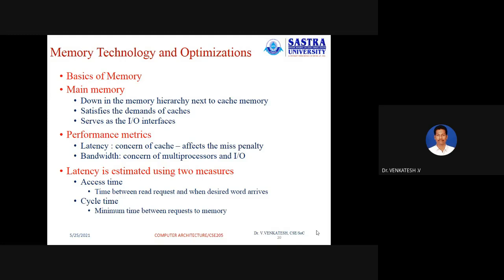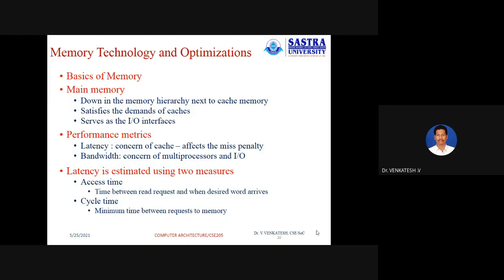We all know there is something called main memory. In the memory hierarchy, main memory is going to be the last. You can ask why it is last: the size is going to be larger, and the goal is to get the data as fast as possible.